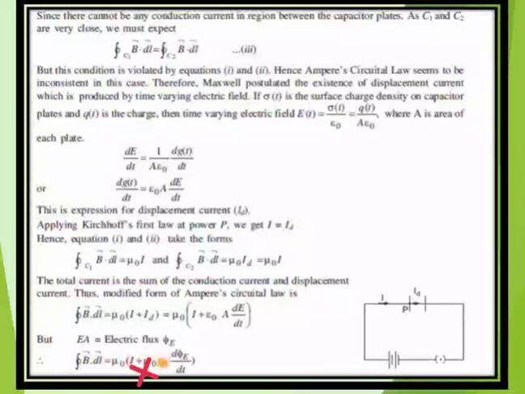So the modified form of Ampere circuital law is the line integral of magnetic field along a closed path, that is mu naught times (I plus Id), or you can call it (Ic plus Id), where Id is the displacement current, its value is epsilon naught A dE over dt, or epsilon naught d phi E over dt. So that's how the displacement current can be set up.